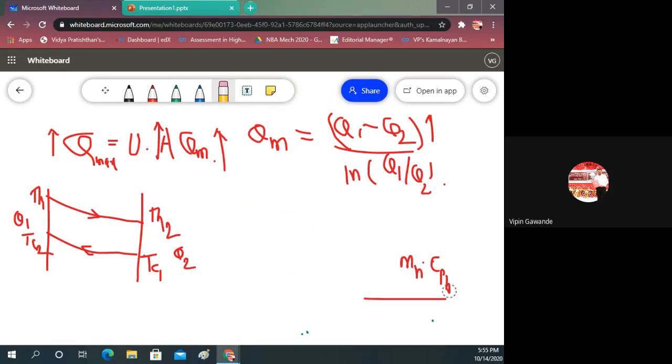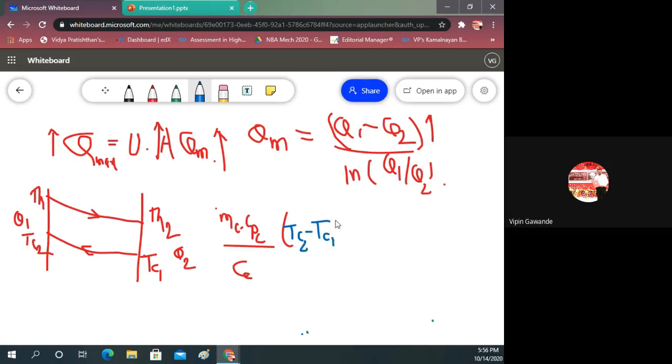Now see this one. Here it is m_c C_pc. So this could be C minimum, or the capital Cc. And the temperature difference here is TC2 minus TC1.